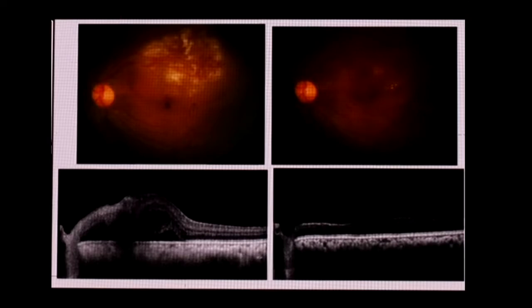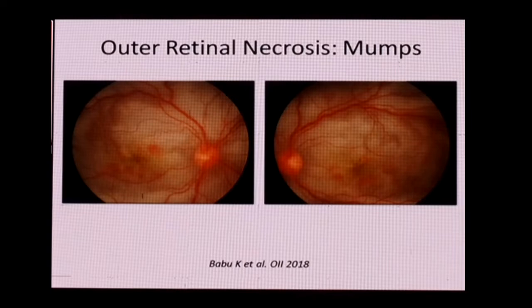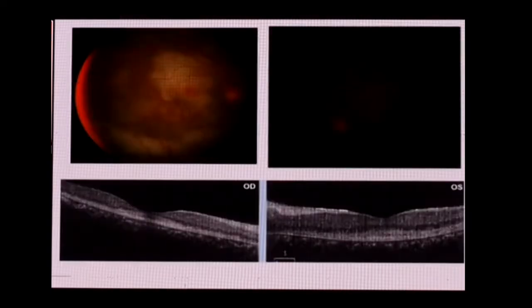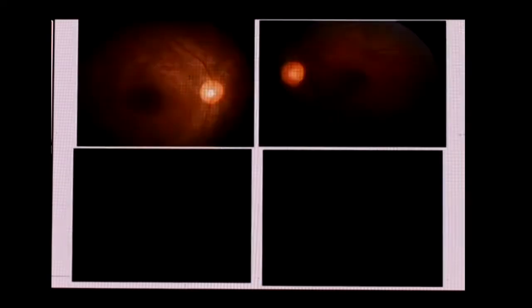So they land up with a good prognosis in comparison with outer retinal necrosis, where you have the whole outer retina gone, so you're not able to see the retinal pigment epithelium, the outer nuclear layer is gone. And this is what happens about 3 months down the line. The whole outer retina is atrophic, and there's so much diffuse choroidal hyperfluorescence.